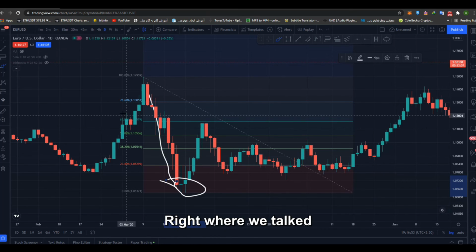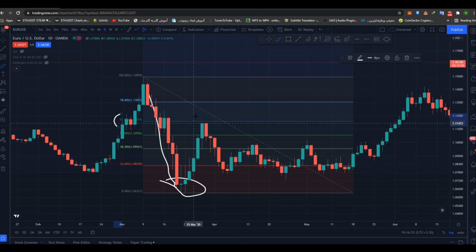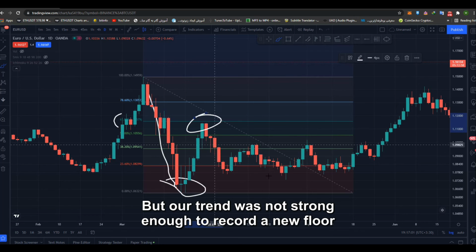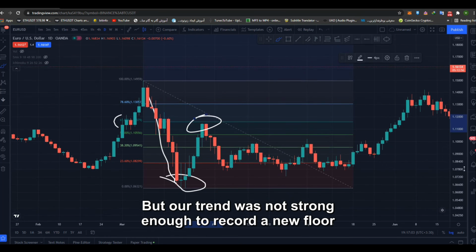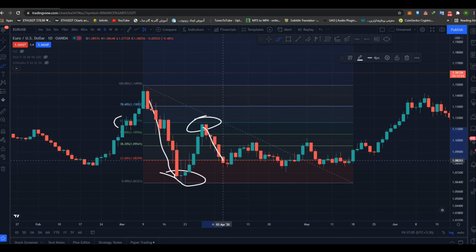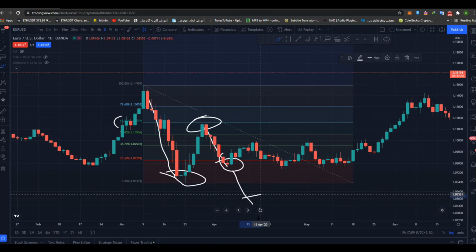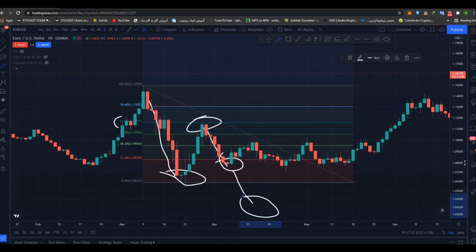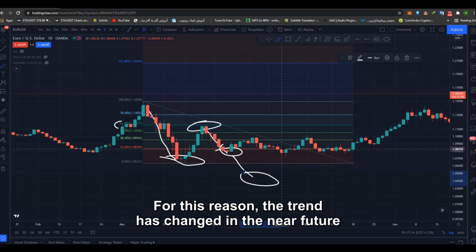Right where we talked. But our trend was not strong enough to record a new floor. For this reason, the trend has changed in the near future.